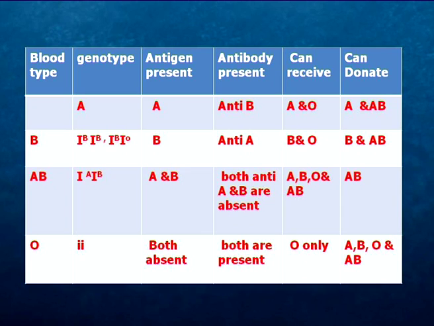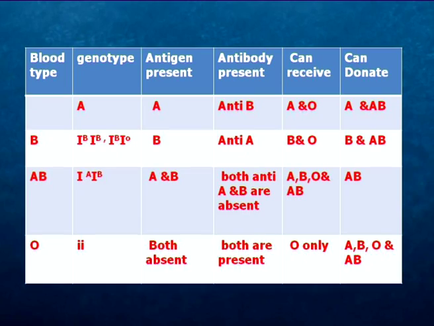Second column, genotypes. Now the genotypes are IAIA, a homozygote, and another one, IAIO. That means a person with blood group A may be either a homozygote or a heterozygote.